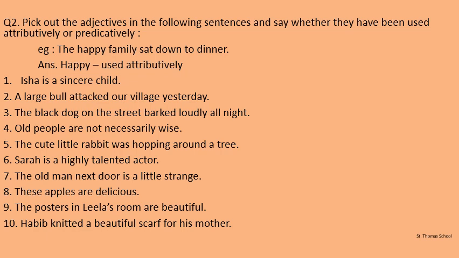Question number 2: Pick out the adjectives in the following sentences and say whether they have been used attributively or predicatively. I have given one example of how to write this exercise, so you are supposed to do it this way in your notebook.